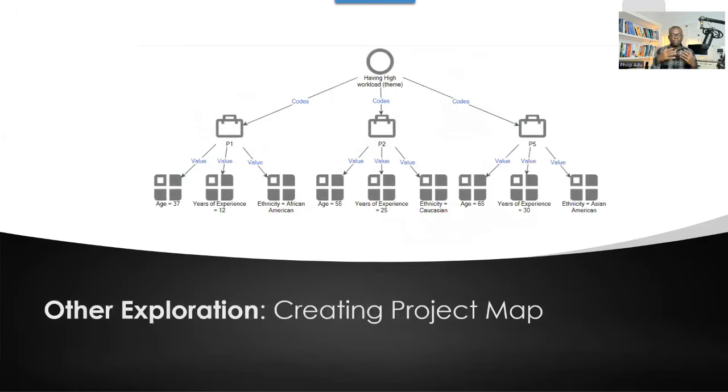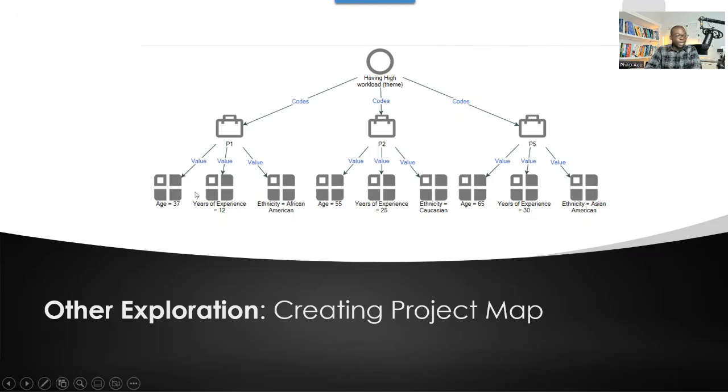You can also develop a project map, right? So let's say you are presenting your theme, right? One of the themes is having a high workload, and you want to show the participants that are connected to this theme. So you can see here that P1, P2, and P5 are connected to this theme, right? You can show the background of the participants, so demographic information.